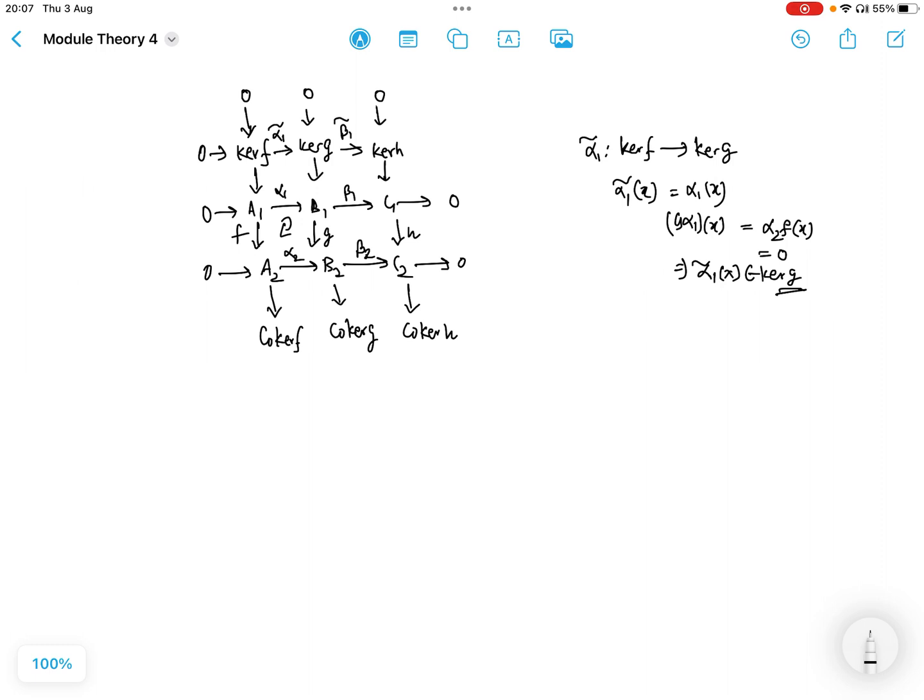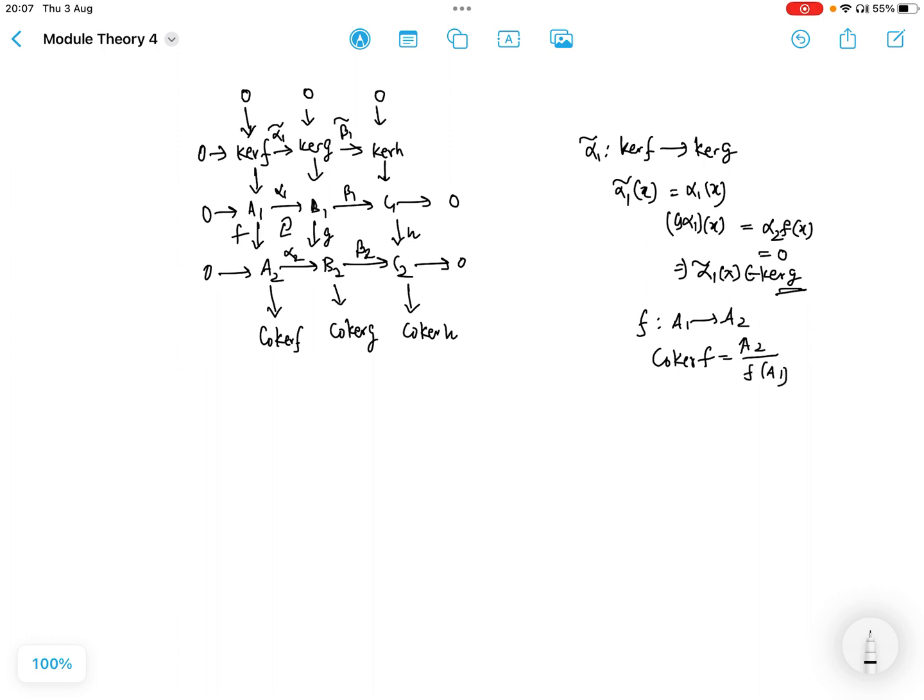And now let's see. So again, you have the co-kernel of F. So let's see if we can induce some similar sort of map using alpha 2 to get a map between the co-kernel of F and the co-kernel of G. So firstly, the co-kernel of F means that if F is a map from A1 to A2, then the co-kernel of F is just A2 modulo the image of F. Okay.